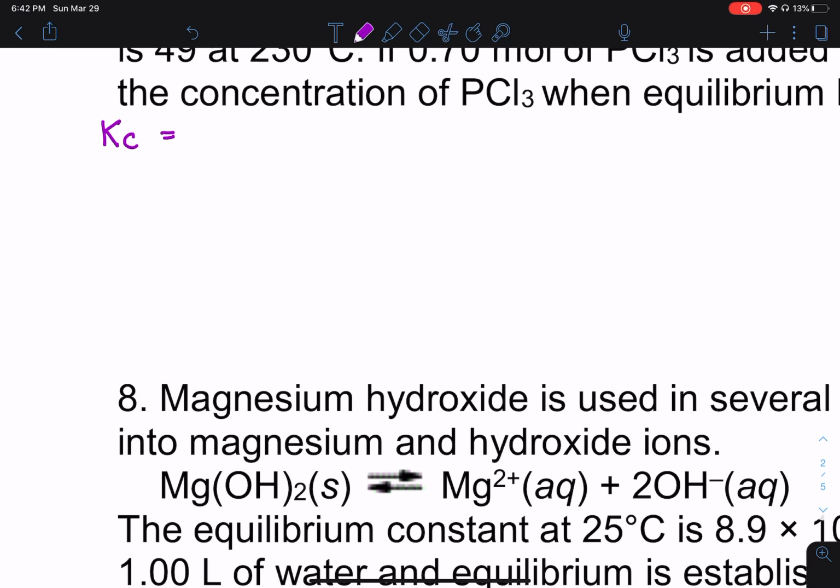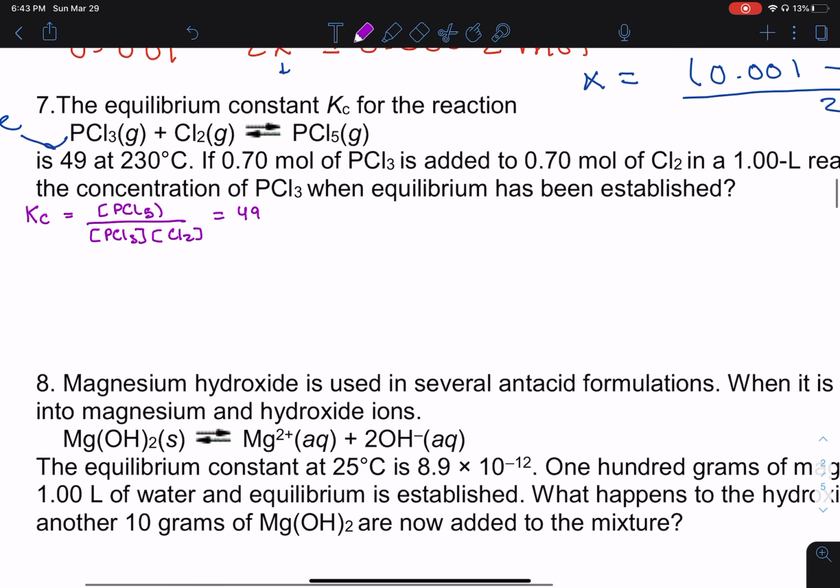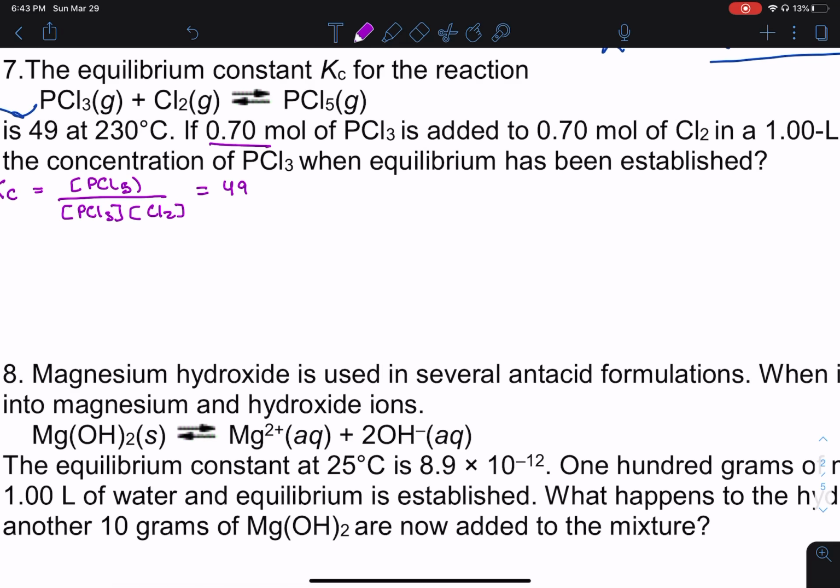Kc is equal to 49. And the initial concentrations for PCl3 and Cl2 are both the same. They're 0.7, so we already know that.